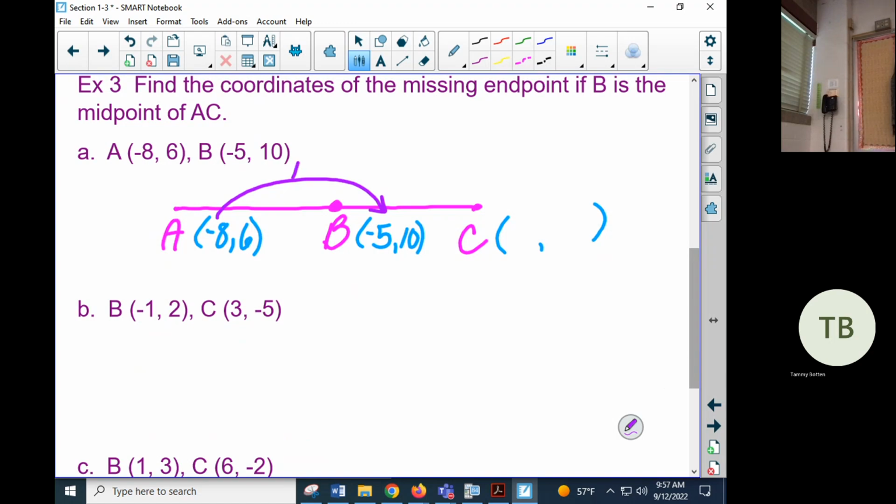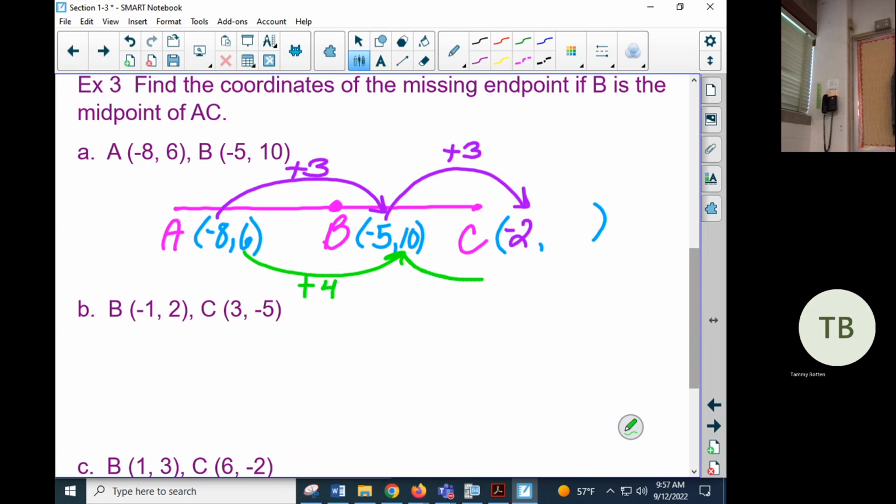add 3. Whatever I do here, I'm going to do it again here. So what's -5 plus 3? -2. That's how you get your x. Then we look at what you add or subtract from 6 to get 10. You would add 4.